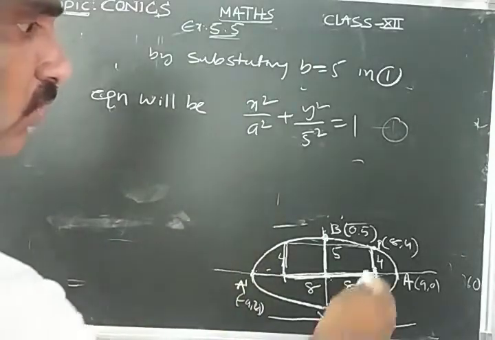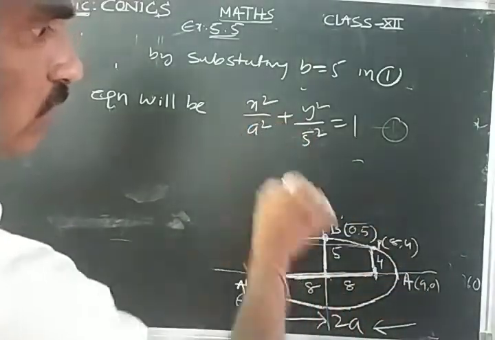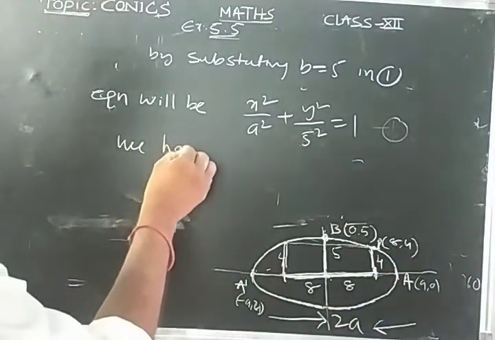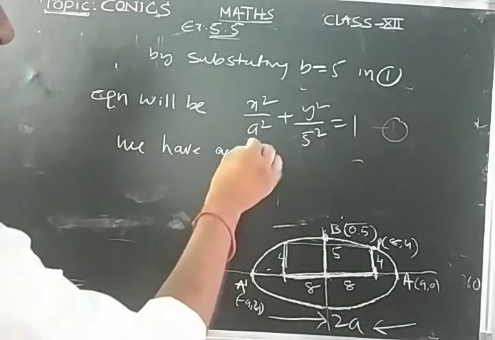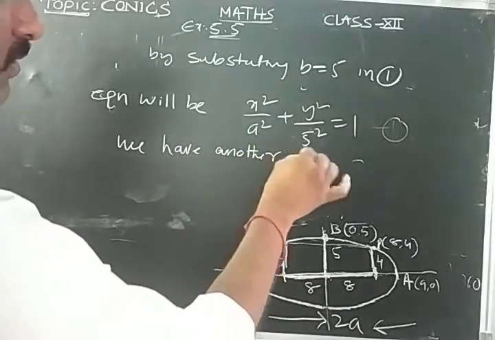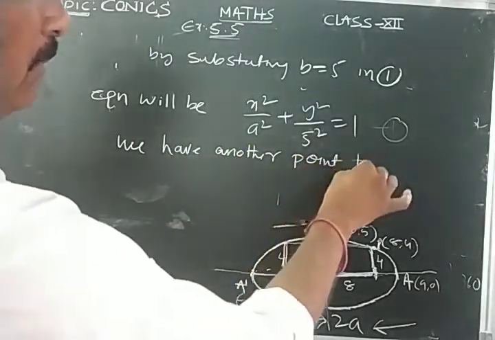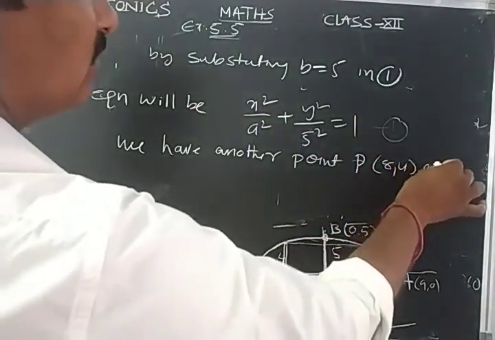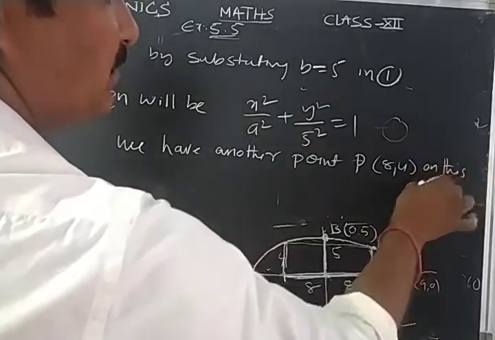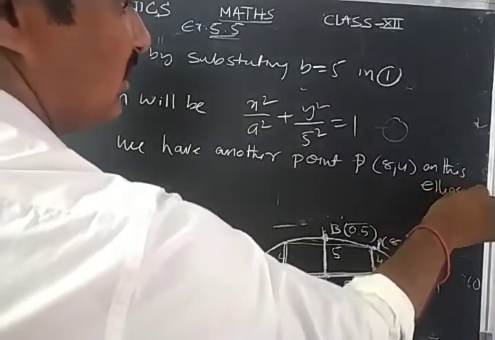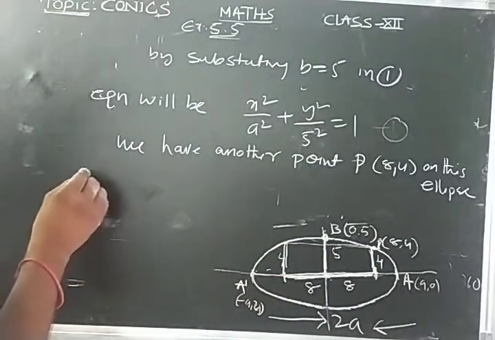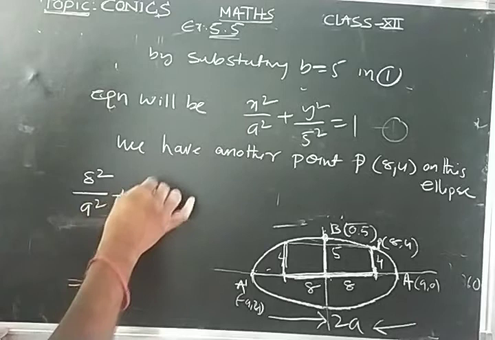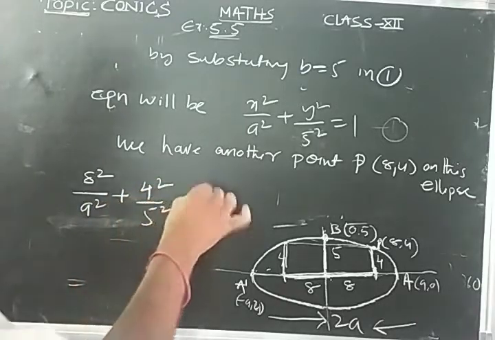Now I am going to find the a value. Here I am substituting another point P. We have another point P, 8, 4 on this ellipse. By substituting this point, you will get 8 square by a square plus 4 square by 5 square is equal to 1.